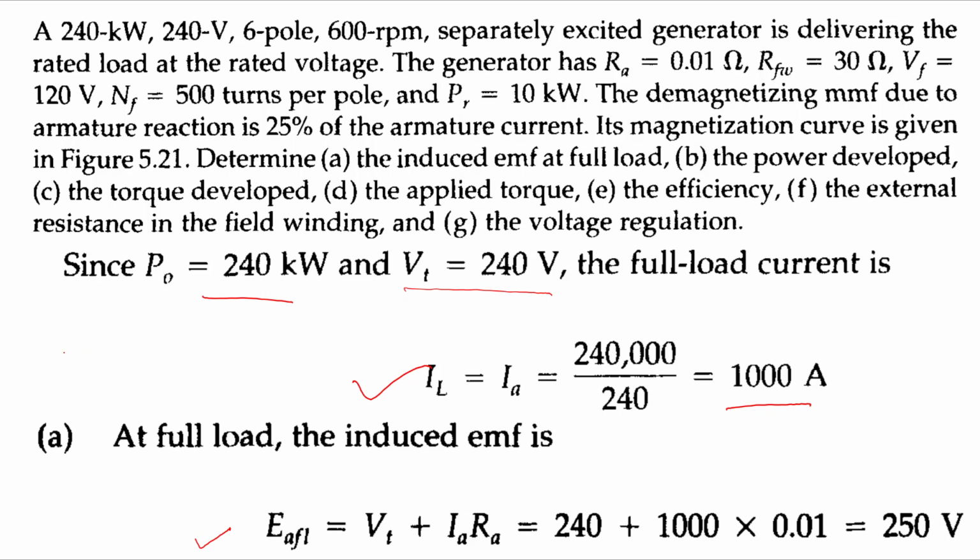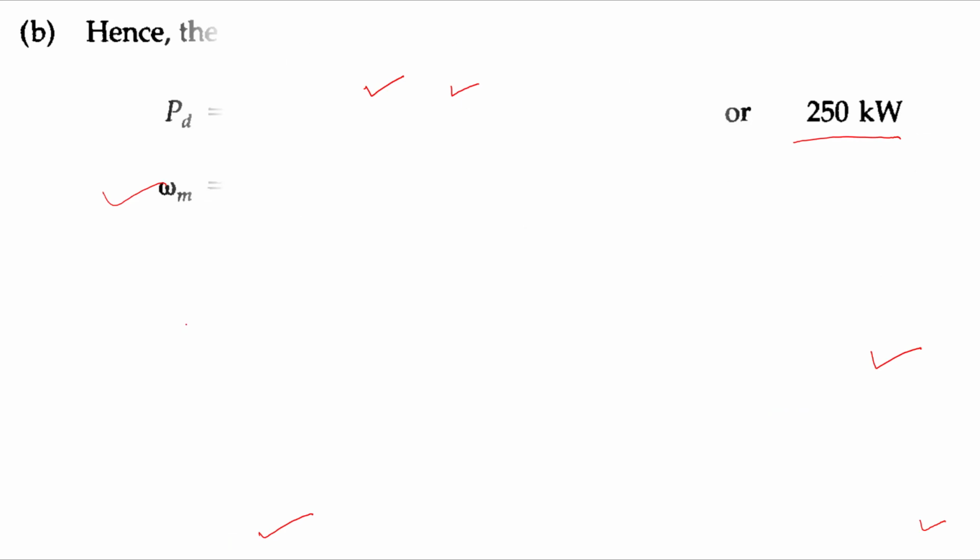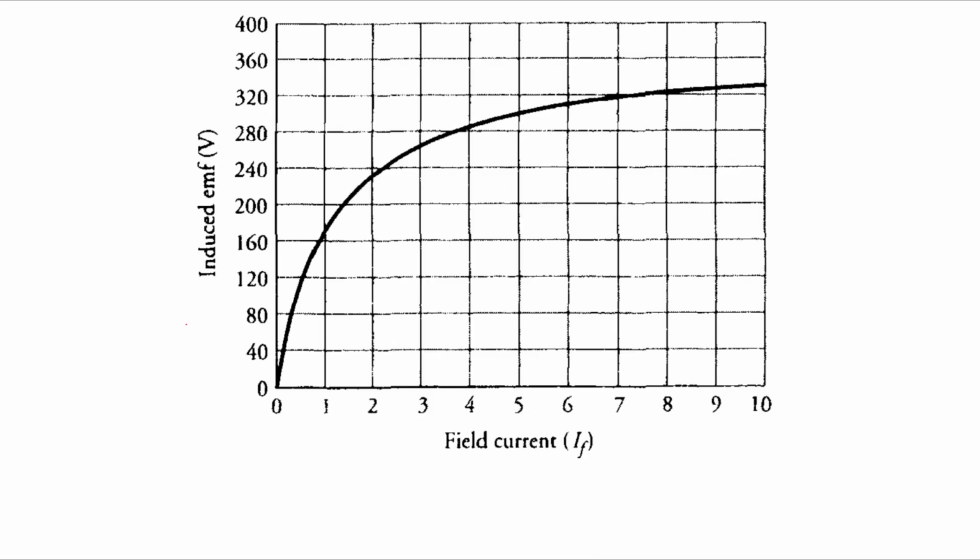Just note it down. Then corresponding to 4 ampere, we'll see in the magnetization curve. So corresponding to the 4 ampere, 280 induced voltage, right? Induced EMF is 280.